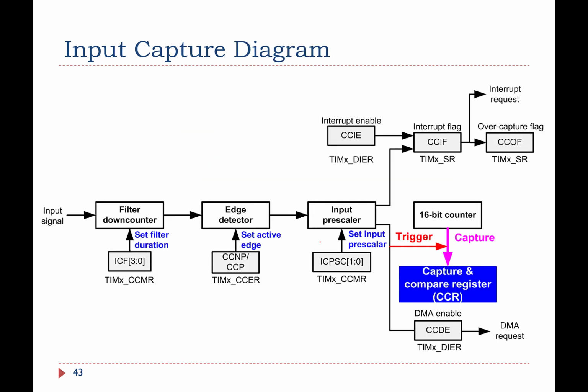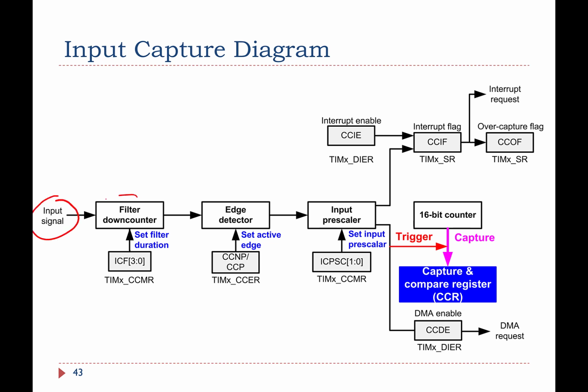Okay, so here's sort of the overall input capture diagram here. And let's see what's happening in this particular situation, because we get to see quite a few of the overall bits that we need to be aware of for this particular input capture setup. Okay, so first off, we have this external signal that is coming into our input capture.